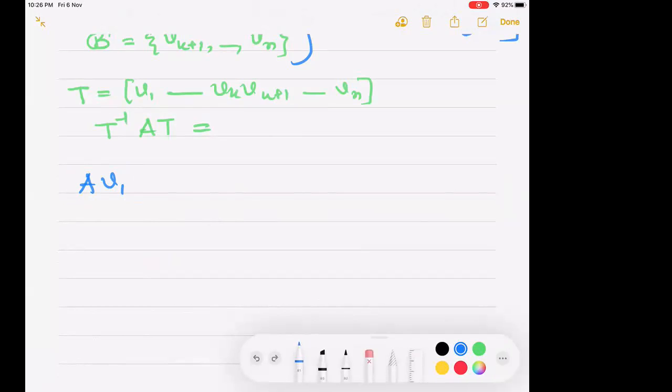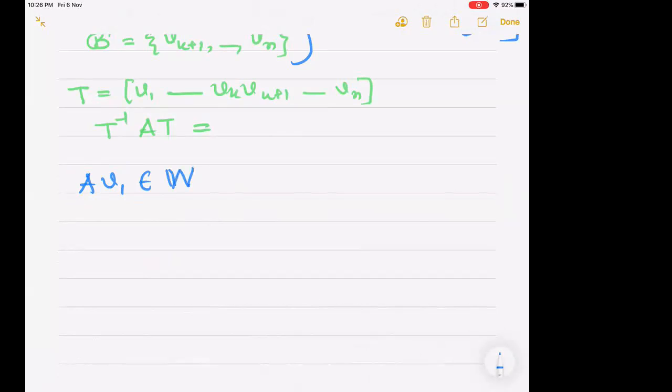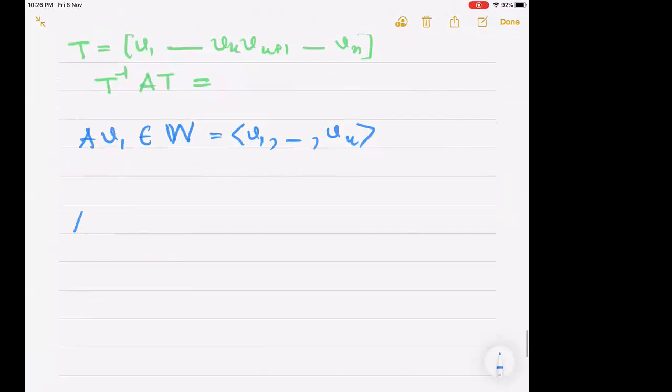So A v1 must be a vector in W. This is also a vector in W, which is nothing but the span of v1 up to vk, the first k vectors, k being the dimension of W, of course. I hope you understand that. So if I now look at A's representation in this basis, the first column will have possibly non-zero entries only for the first k entries.